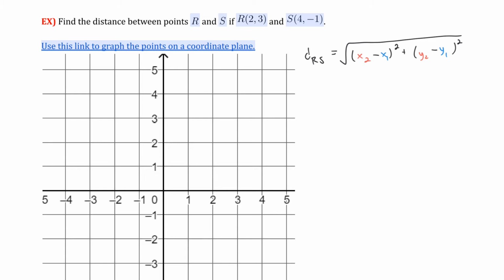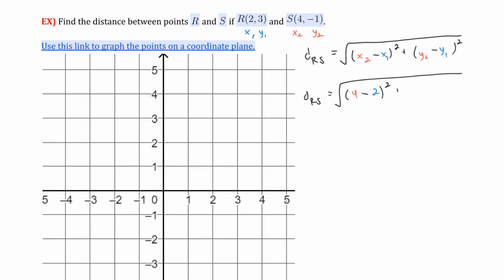All right, and just like before, our x2, y2, x1, y1 come straight from the coordinates. So for R, I'm going to call 2 x1 and 3 y1. And then for S, 4 is going to be x2 and -1 is going to be y2. So now that I have everything labeled, let's substitute in. So the distance between R and S will be equal to the square root of x2, which is +4, minus x1, which is +2.